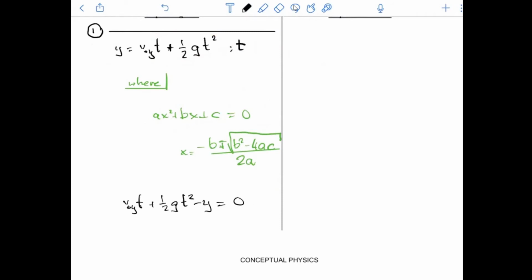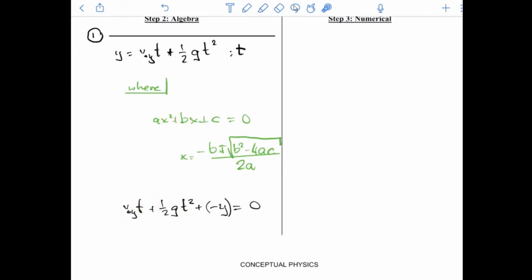I'm going to change this portion a little bit to smooth this out. I'm going to make this positive, and negative is going to belong to the letter y. Out of this, A is this term, B is this term, and C is going to be this term.